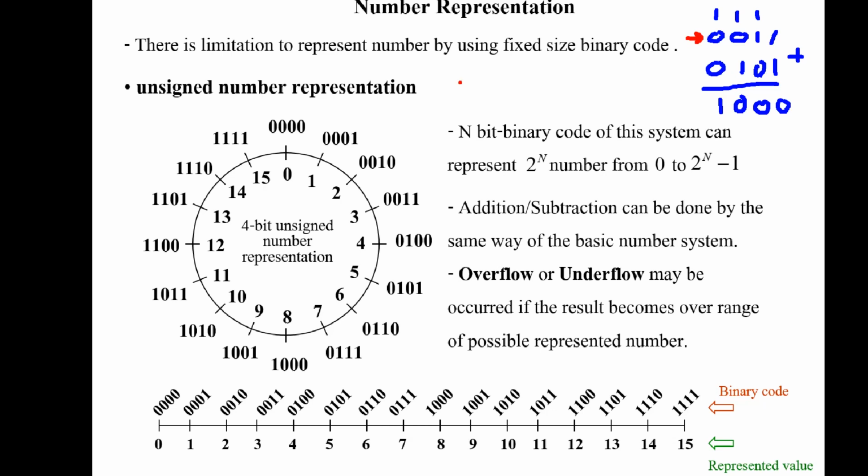In this unsigned representation, this binary code represents 3, this one is 5, and this one is 8. You can see that you can do addition directly with the binary code and obtain the correct result.